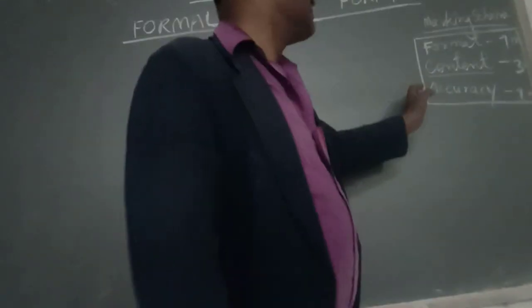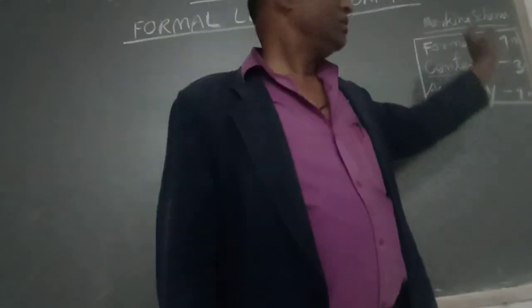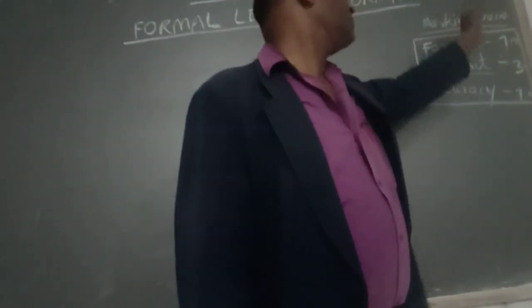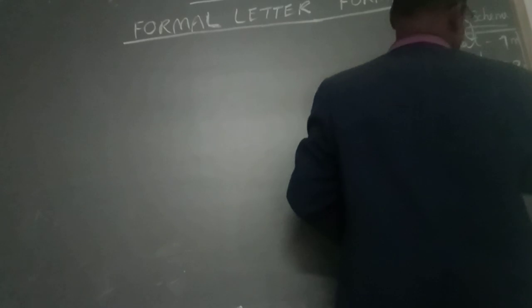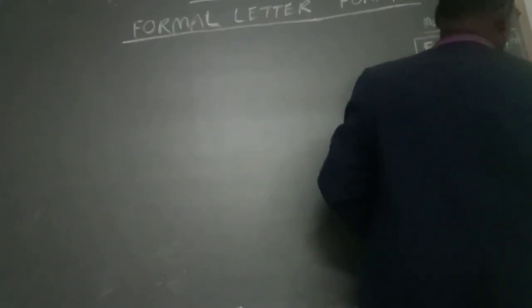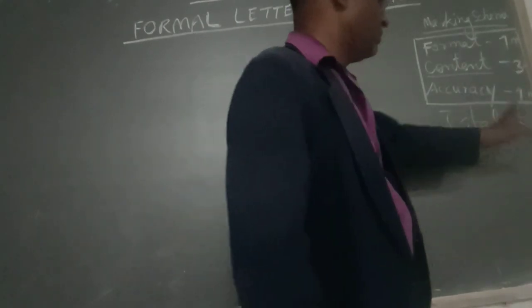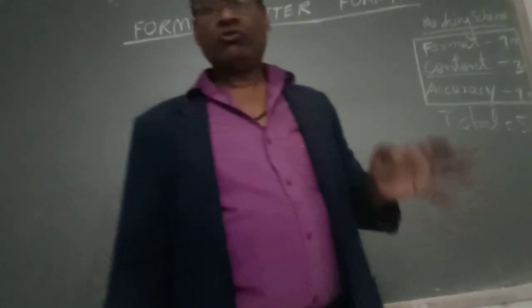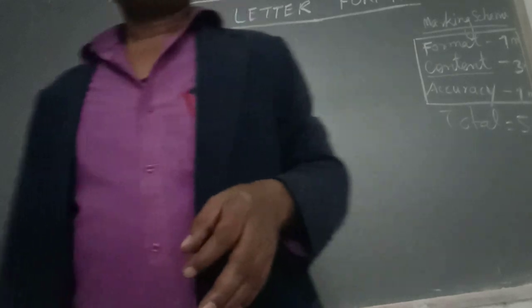So if you have done all these things well, you get 100% marks. You have total how many marks? 5 marks. So 1, 3 and 1, meaning 2 and 3, 5 marks. When you write the letters, as far as formal letter is concerned, you have to keep in mind the marking scheme.